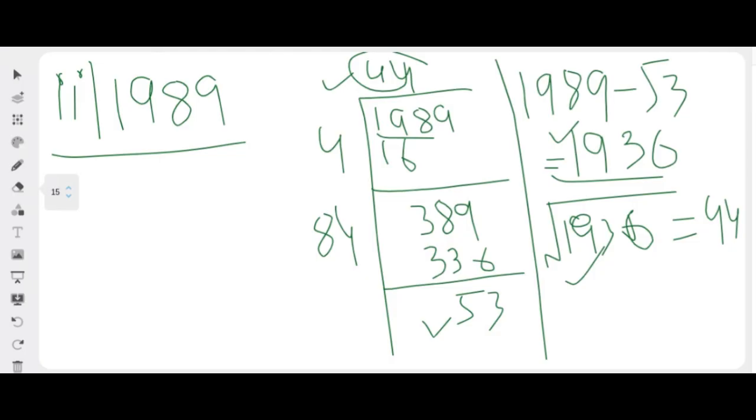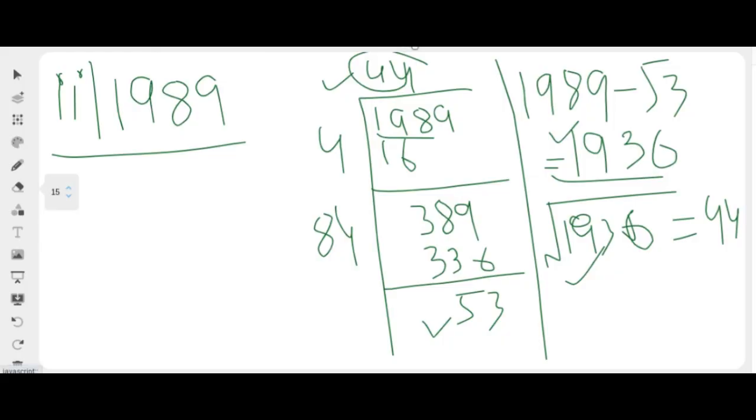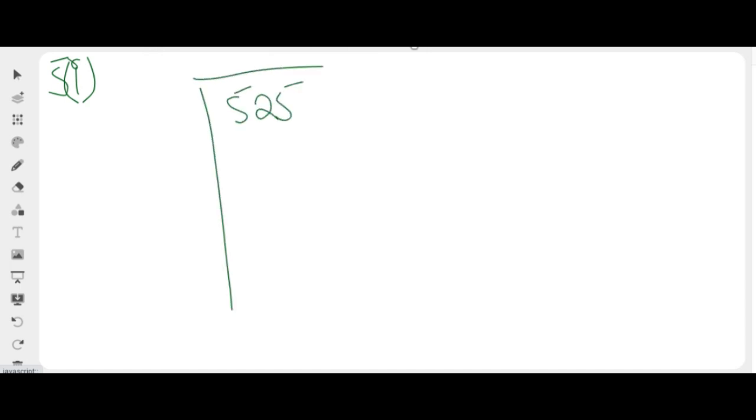Question number 5, first part. We have to get the square root of 525.